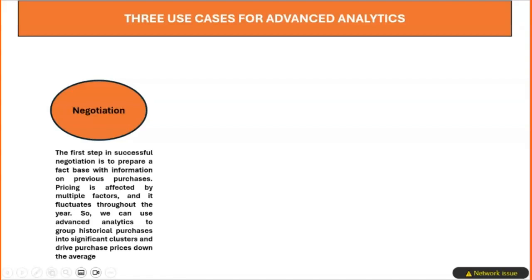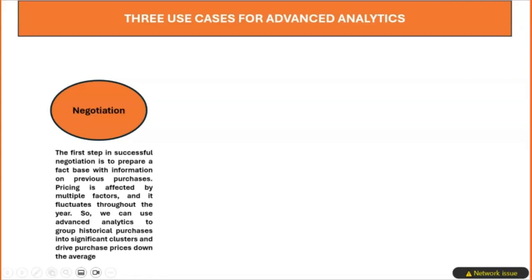Pricing is affected by multiple factors and fluctuates throughout the year, so the manufacturer uses advanced analytics to group historical purchases into statistically significant clusters. This information can then easily be displayed in any format that is familiar to the user, typically in a spreadsheet.